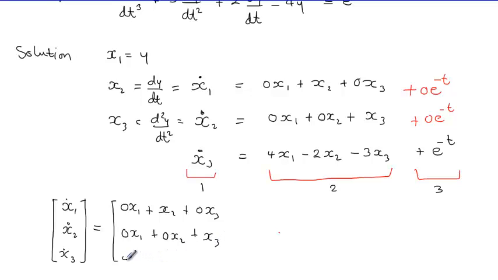Then you've got here 4 x1 minus 2 x2 minus 3 x3 plus 0, 0, e to the power minus t.